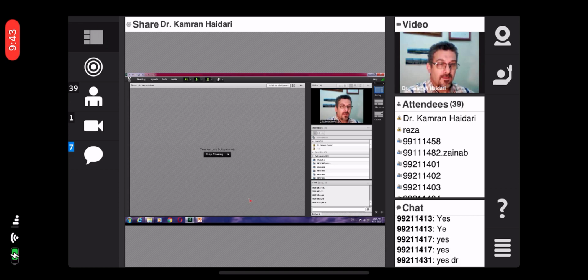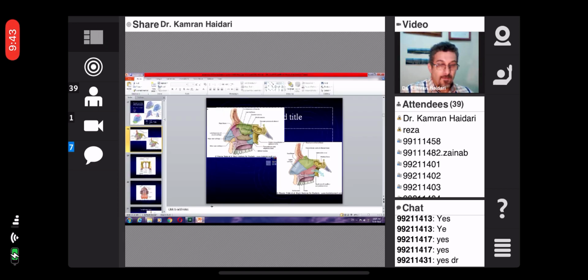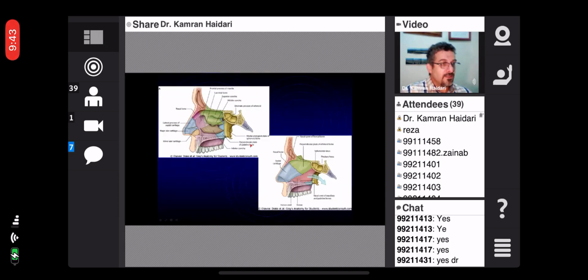All right, let's have a look at this slide. In this picture, picture A, you see the lateral wall of the nasal cavity. As you see in this picture, some parts of the cranial bones contribute to form the lateral wall of the nasal cavity.